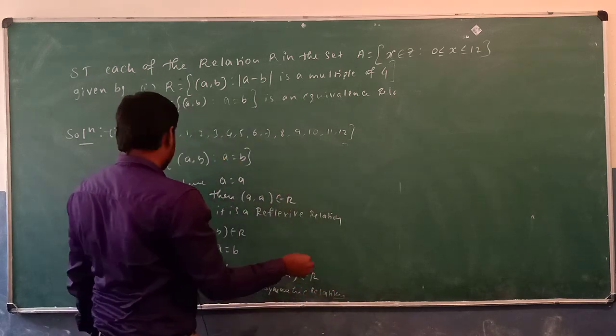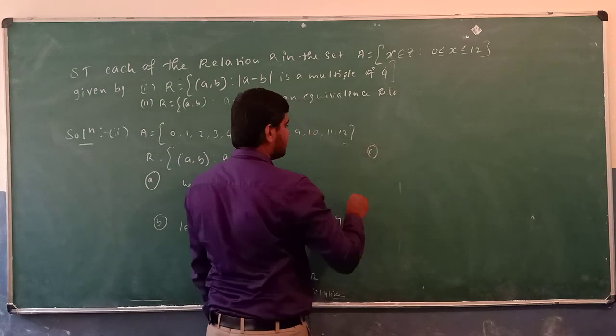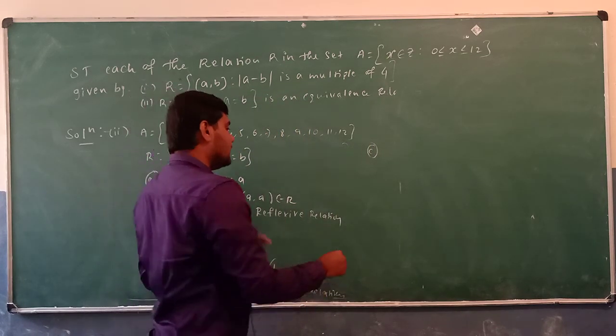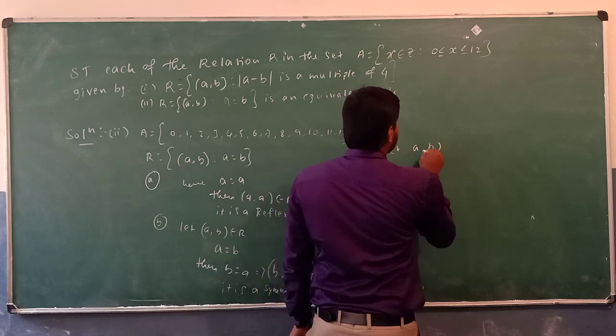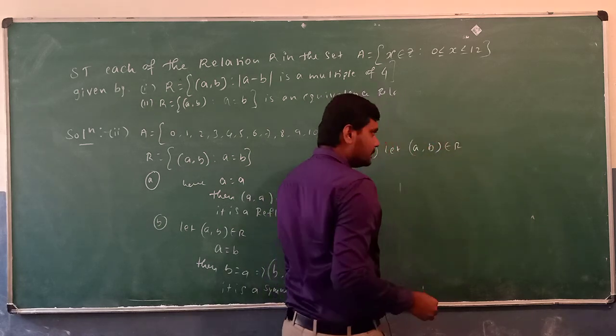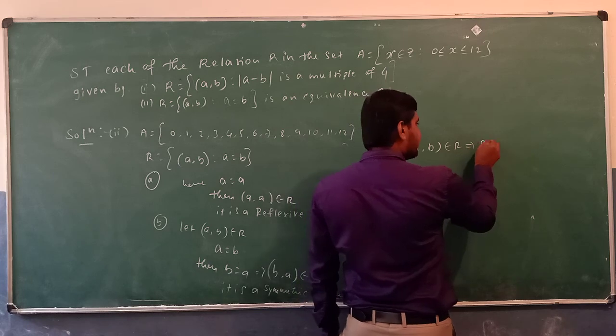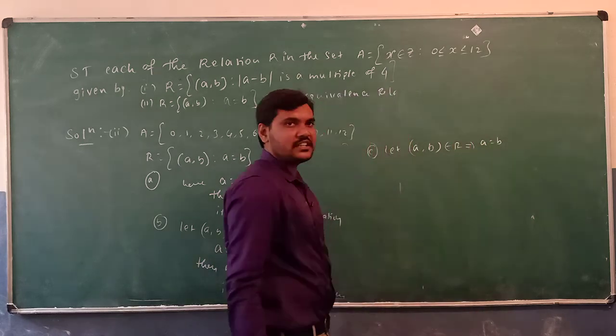The third relation is going to be the transitive relation. To show the transitive relation, let (a, b) belongs to R, which implies that a is equal to b according to the given relation.